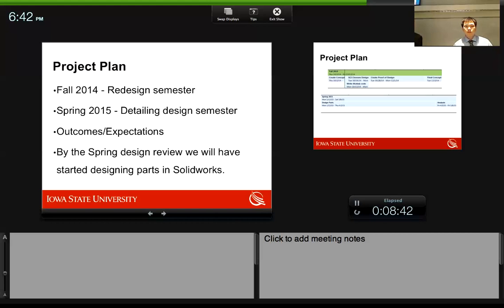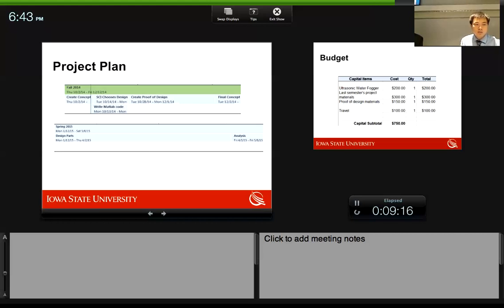For the spring semester, we will have a detailed design including bolt and nut locations for every single part so that we can send this to the Science Center, because the project is basically they build the project and we come up with the design. So our plan is by the spring design review, we will have started the design parts in SolidWorks, so we can finish that by the end of next semester. So that's the detailed plan.